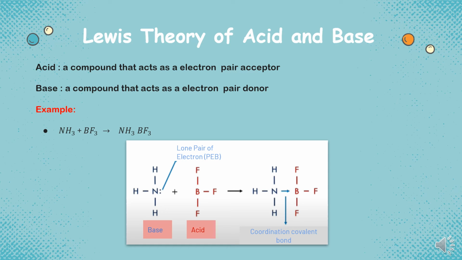NH3 donates its lone pair to BF3 to form NH3BF3 by a coordinate covalent bond. Thus, NH3 has a role as a base because it donates the lone pair of electrons, and BF3 has a role as an acid because it accepts the lone pair of electrons from NH3.